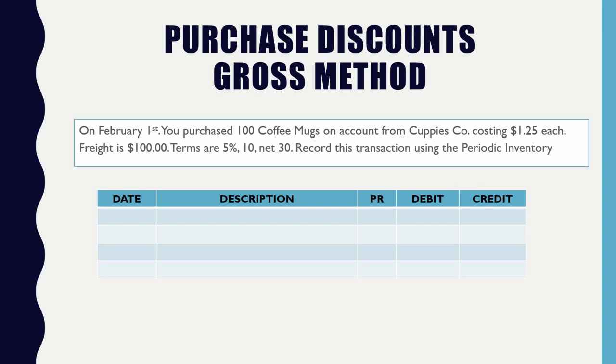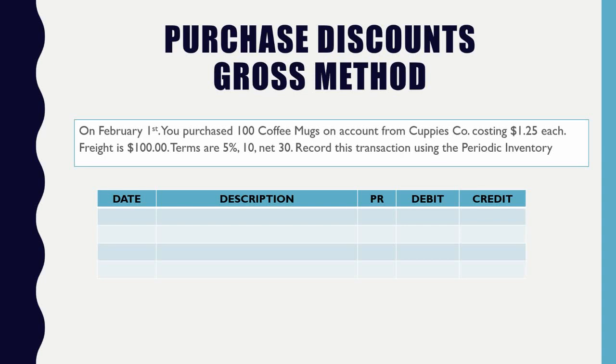So how do you guys think that we should journalize this? Okay, first we'll put the date, then the description of the item.